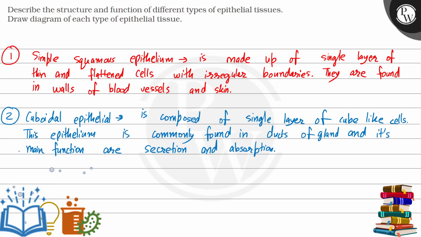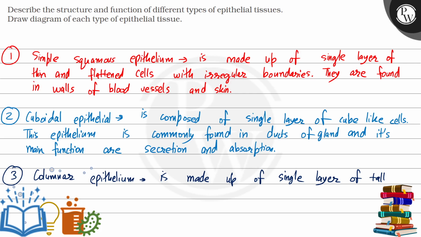The third we have columnar epithelium. Columnar epithelium is made up of single layer of tall and cylinder cells.